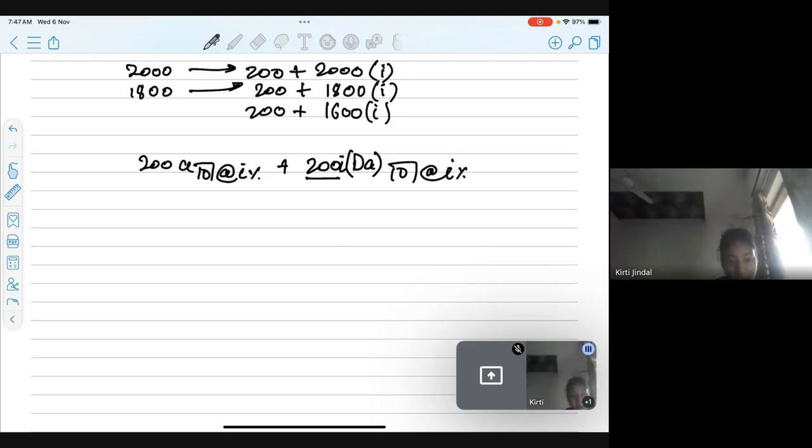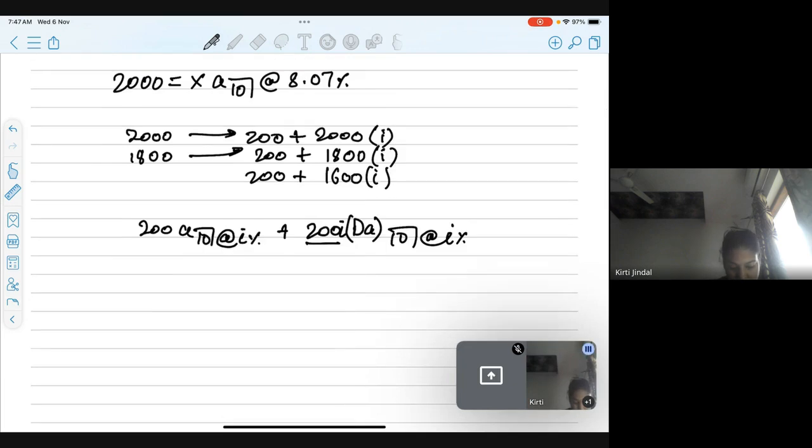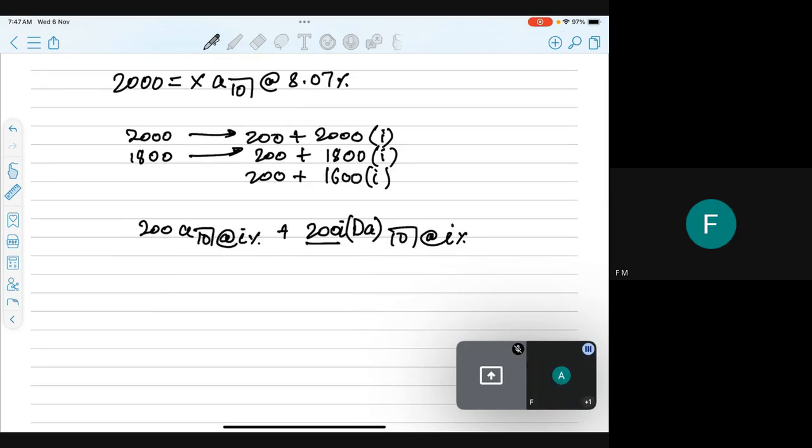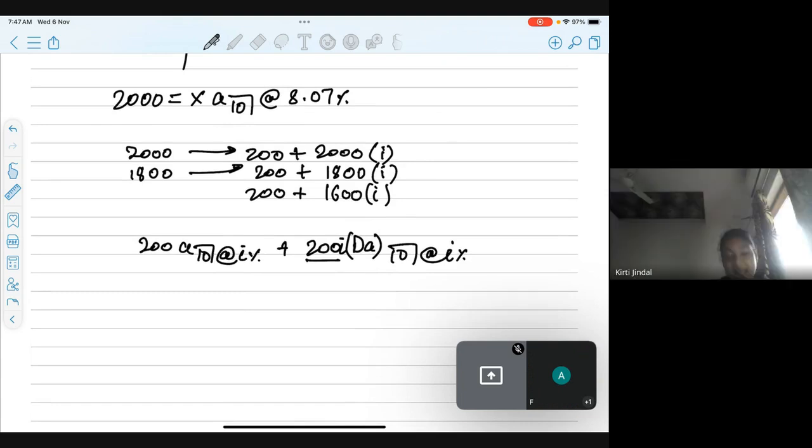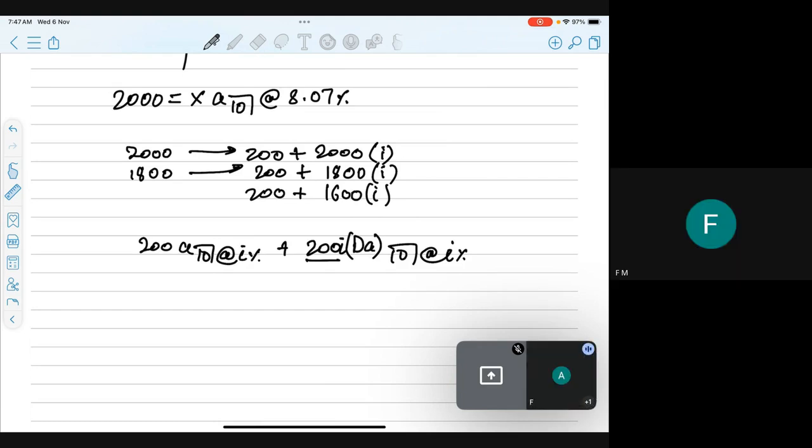The value of x comes to 300.05, or 300. It is slightly different. I did it with the calculator, not from the first approach. Just give me 1 minute.